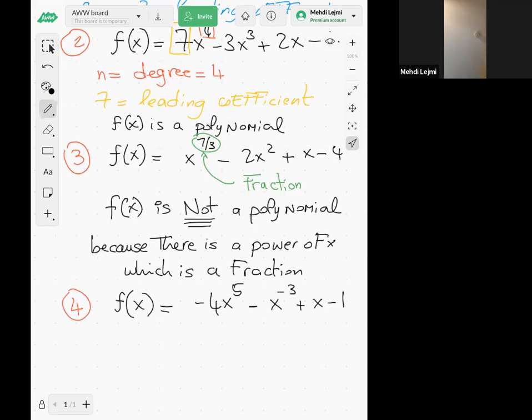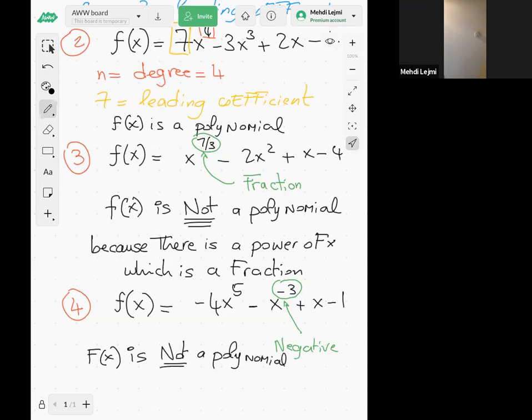So here you have a negative power, x to the negative 3. If you have a negative power, then your function f is not a polynomial. So no fractions, no negative numbers.